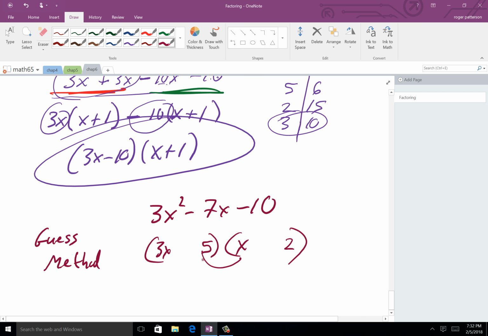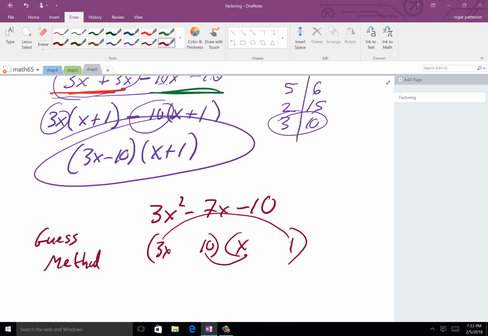So I erase that, and I erase that. But remember, it could also be this way. Alright? 15 and 2. If I subtract them, I get 13. That's not going to work either. So by gosh, somehow it has to be 10 and 1, I guess. 10 times 3 gives me my 7.